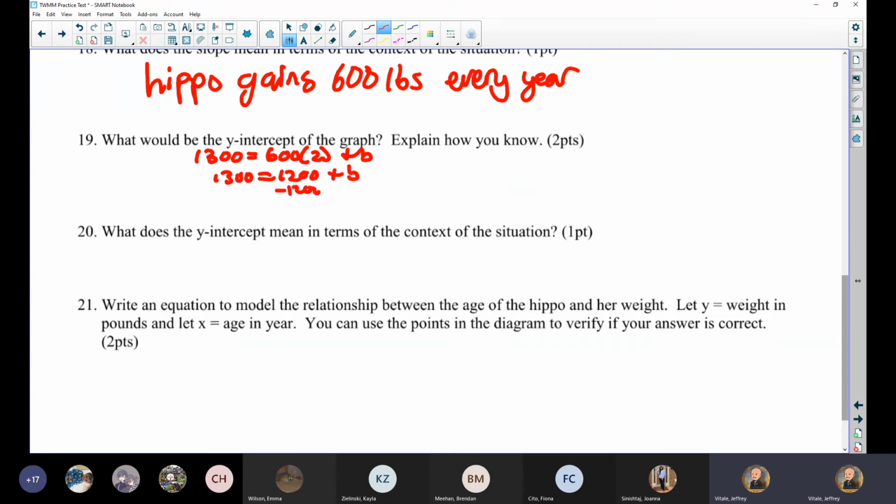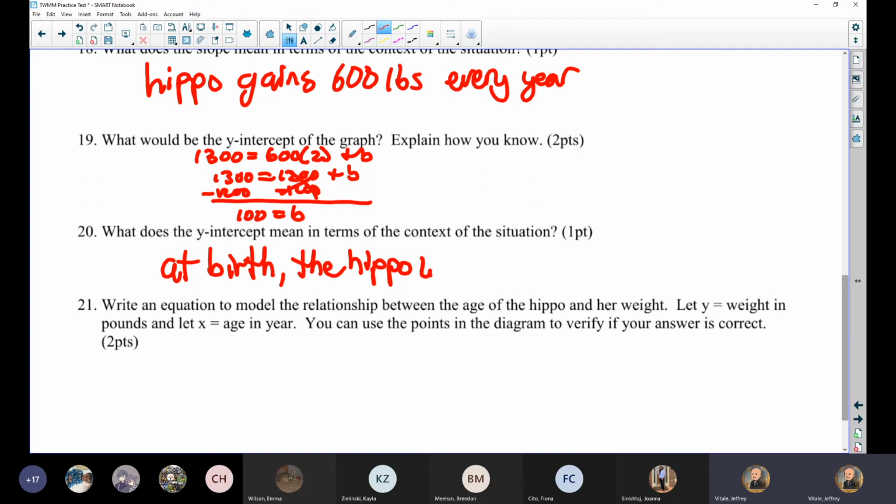So when I subtract 1,200, 1,300 minus 1,200 becomes 100. So our y-intercept is 100. And that means that basically at birth, the hippo weighed 100 pounds.